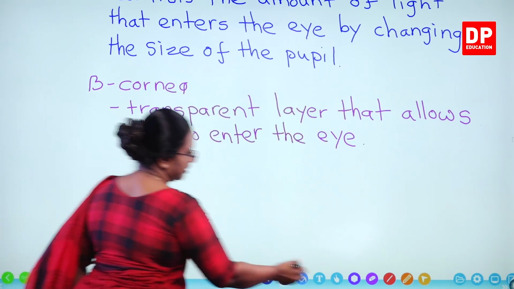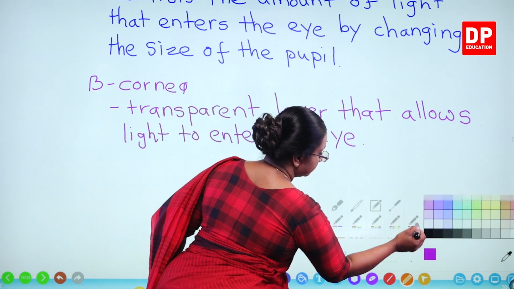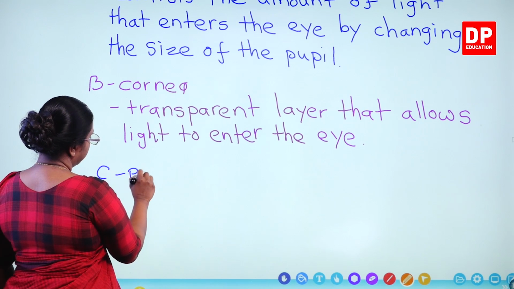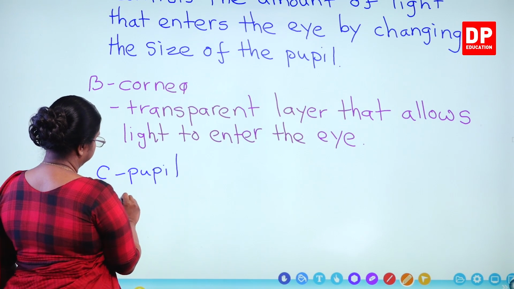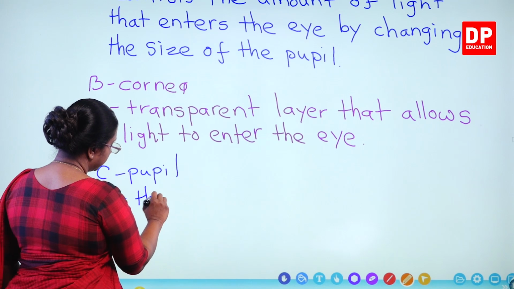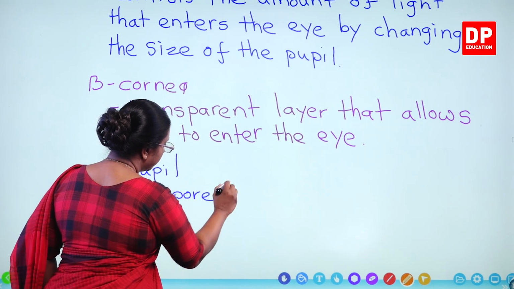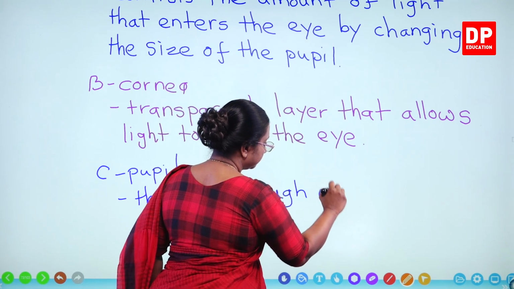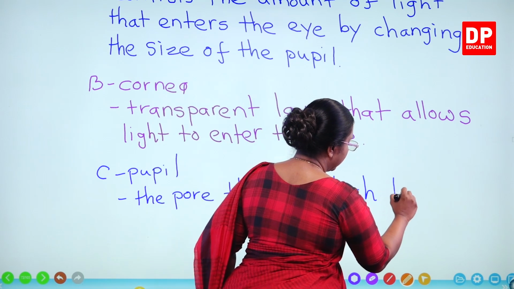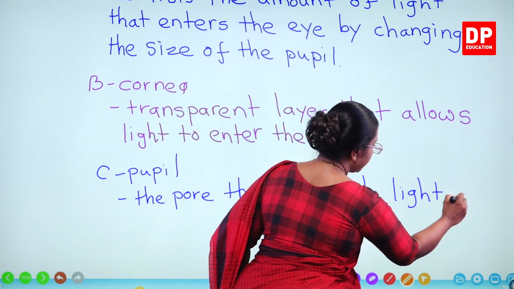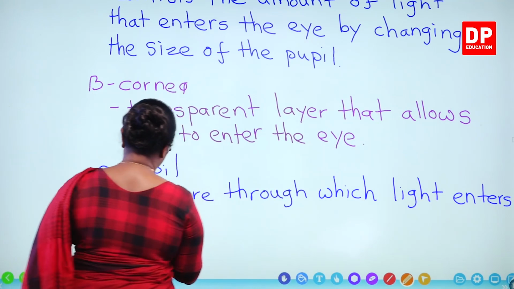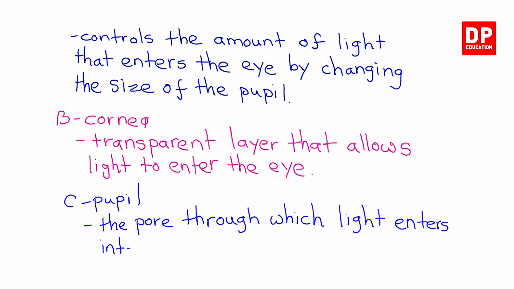So, C, pupil. The pore through which light enters into the eye.